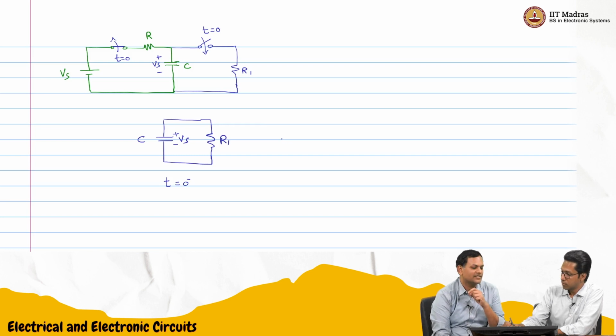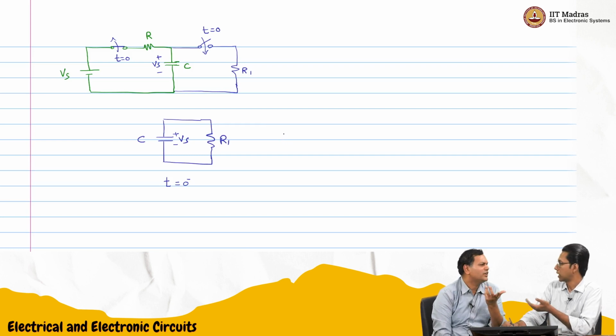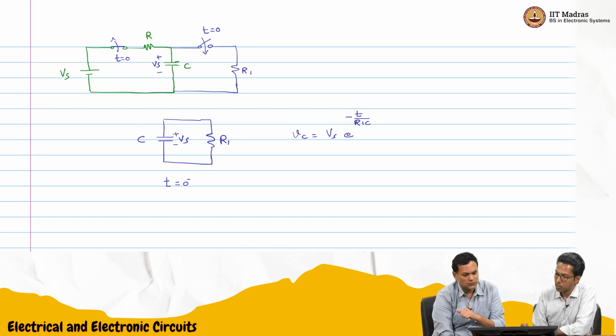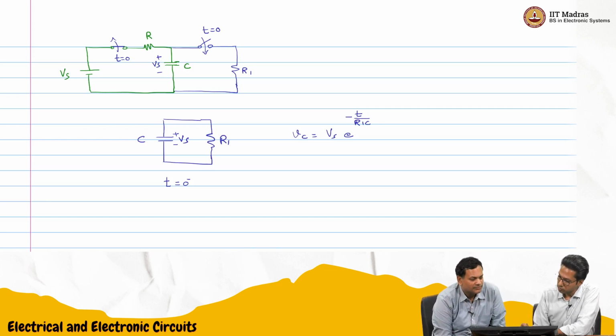Voltage, both will be the same, because there's a resistor. So this Vc, the voltage across the capacitor, was Vs into e power minus t by R1C. And you divide that by R1, it will give you the current also. When t equal to 0, it's Vs itself. That equation is correct.